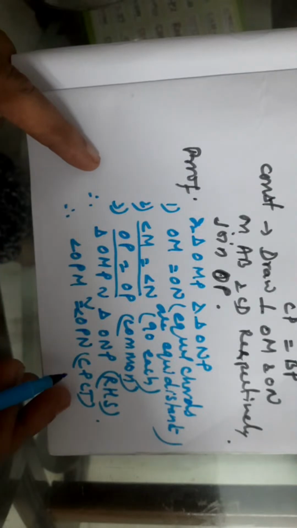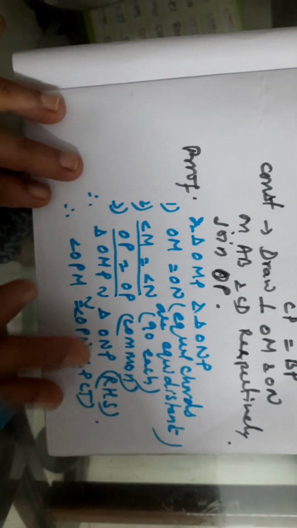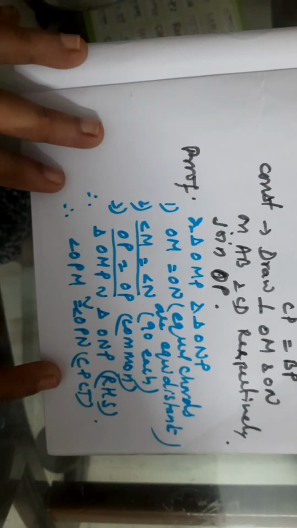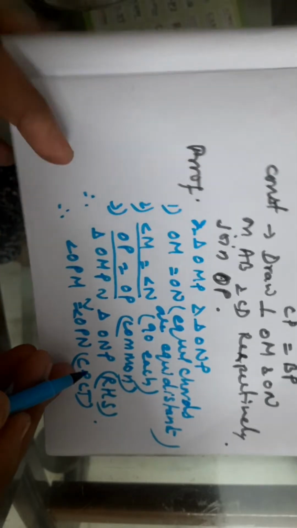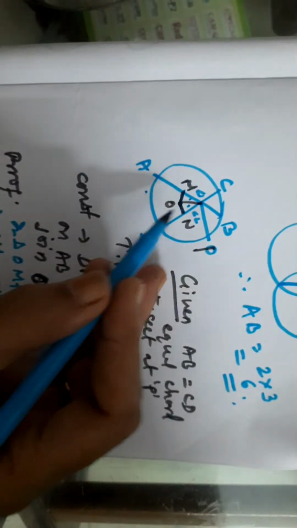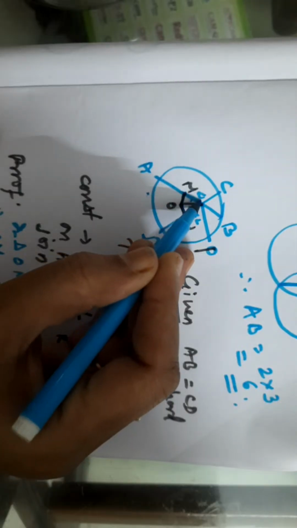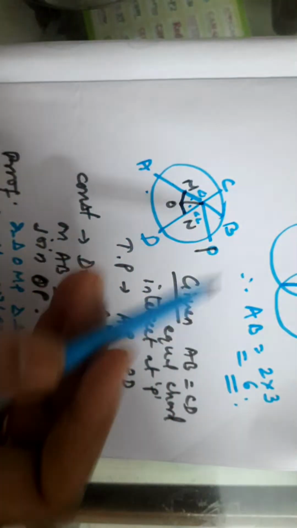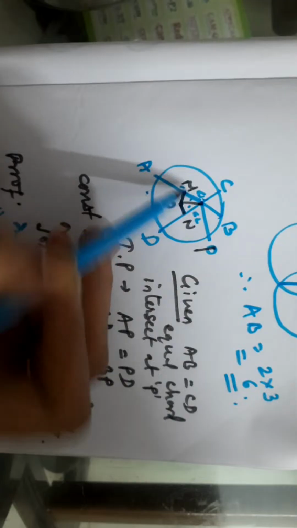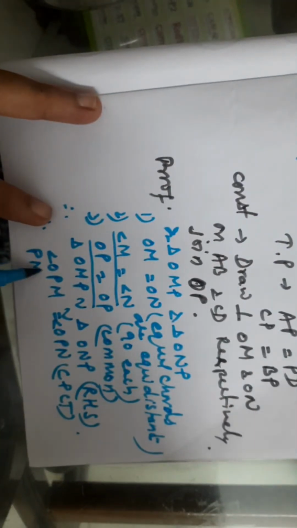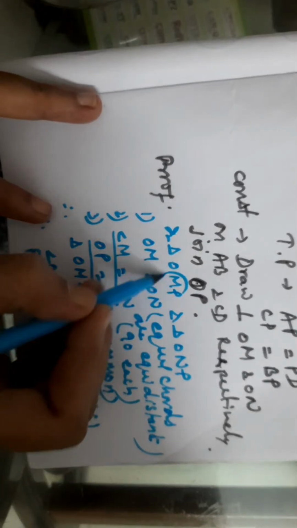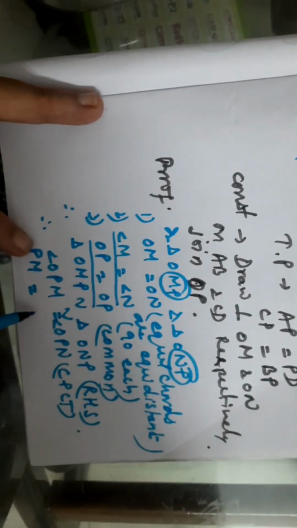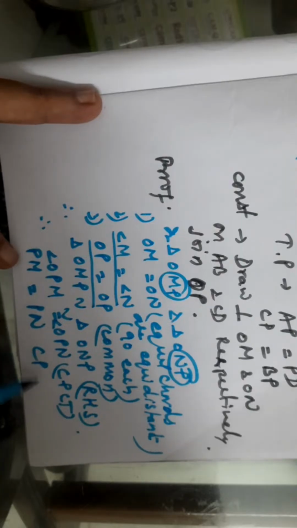When the angles are congruent, this is the next question where you need to make the angles equal. In this fourth step, you need to make the corresponding parts equal. So by CPCT, PM is equal to PN. This is also by CPCT.